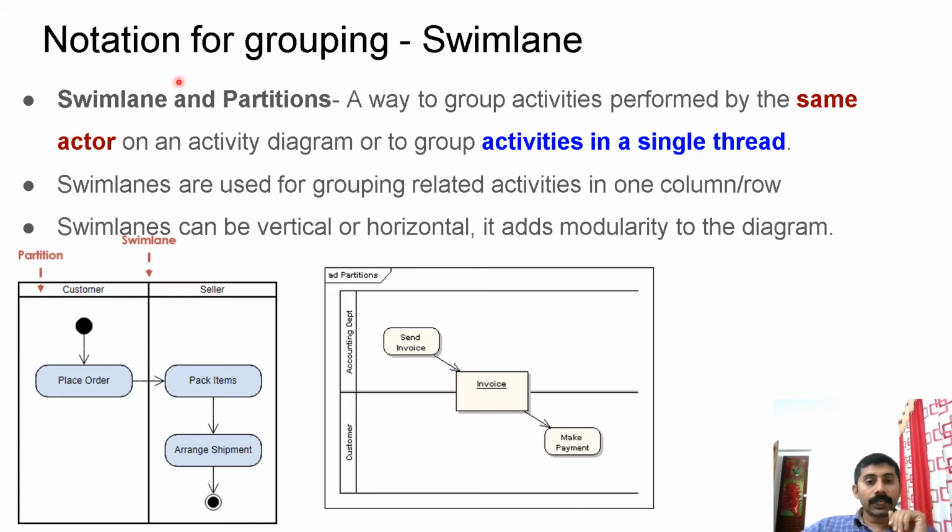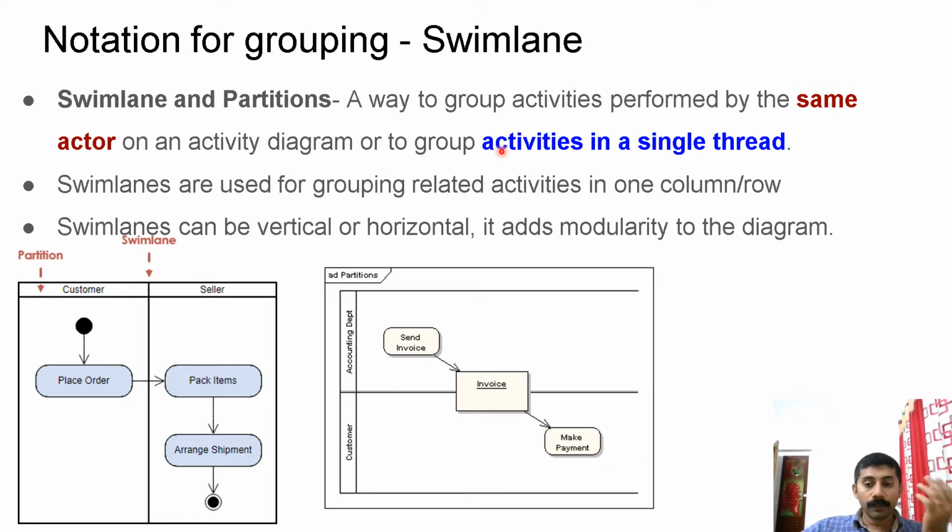Next thing is notation for grouping, that is known as swim lane. A swim lane and partitions. A way to group activities performed by the same actor on an activity diagram, or to group the activities in a single thread. So you can group it based on different conditions.